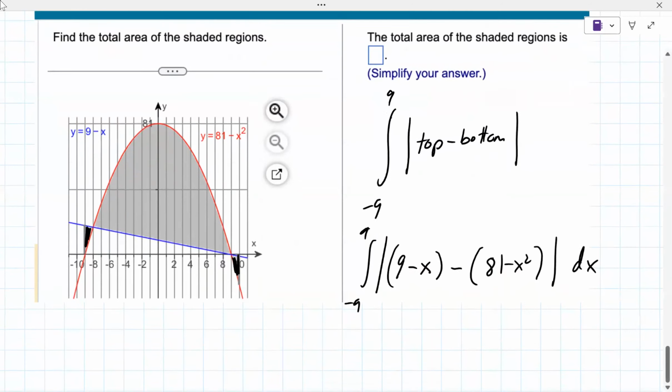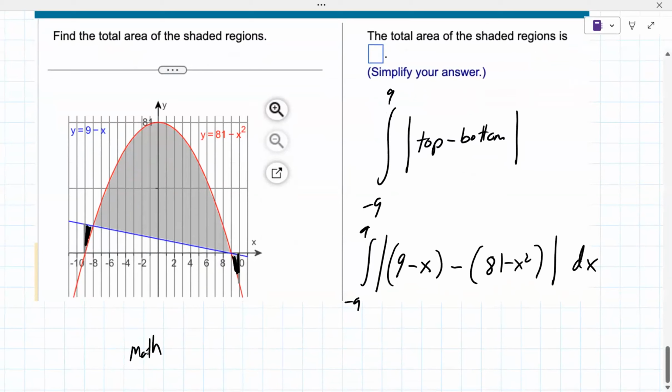An absolute value, I believe, is under the math button. If you're not sure where to go for that, let's see here. Math, num, abs. There we go. You have to do the integral, put your -9 to 9 in, but if you put absolute value around it, you will always get the right answer. You don't have to figure out which is the top or which is the bottom.